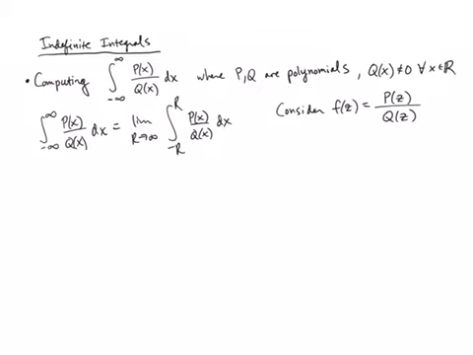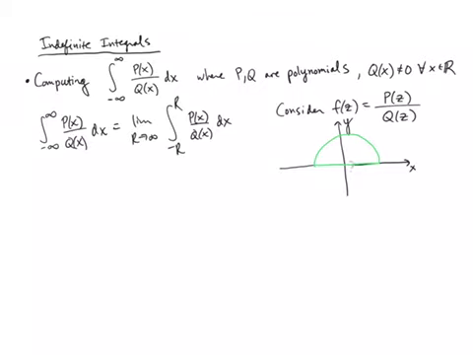And we're going to consider a particular curve in the complex plane. So we have the x-axis, the imaginary axis, and our curve is going to be this semicircle with a straight segment here.